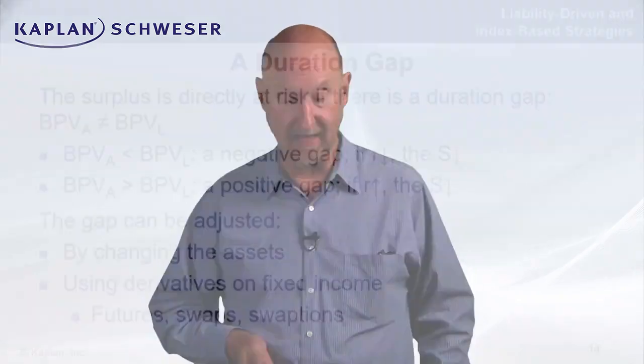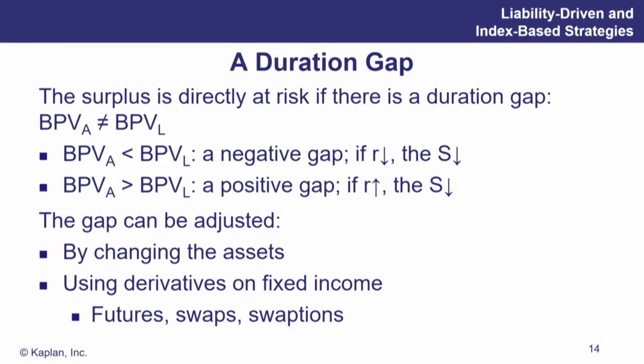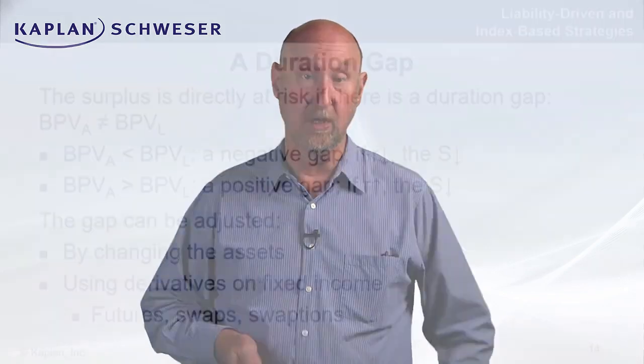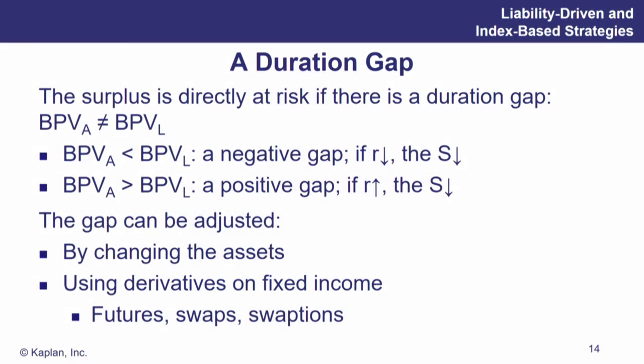We could adjust this, we could fix this, we can rebalance the assets. But what do we discover in the introduction? Liquidity in the bond market has substantially deteriorated, so it may not always be practical. So instead, we can use derivative instruments to modify the duration of the assets, and that is probably more common.